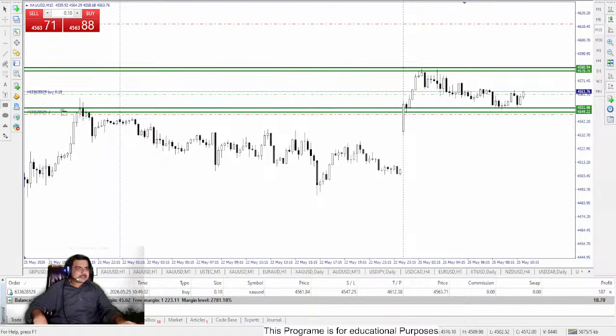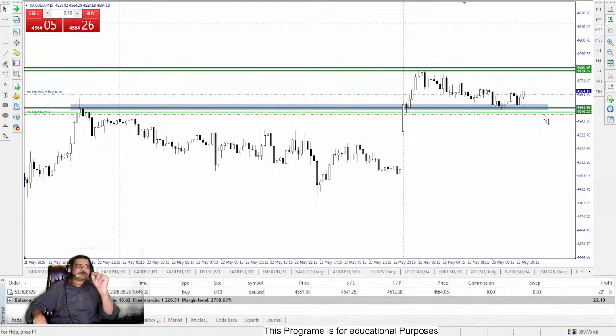And see, there is this logic behind it as well. This level respected previously very nicely. And these bulls who are buying are not crazy. They are buying on the basis of this particular level right here, here, here, and my dear friends, here.